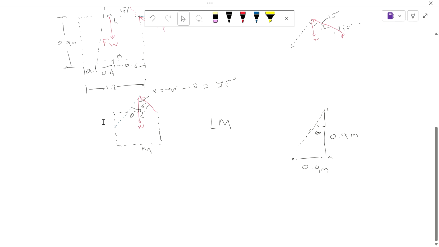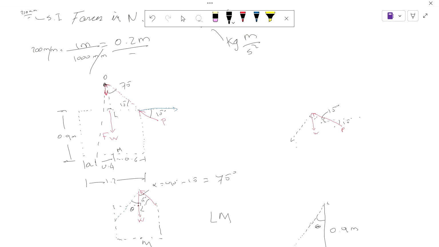So in other words, if we do it over here, we have a force P and angle of 15 at point L. From here to here is 0.6 meters. What is this?